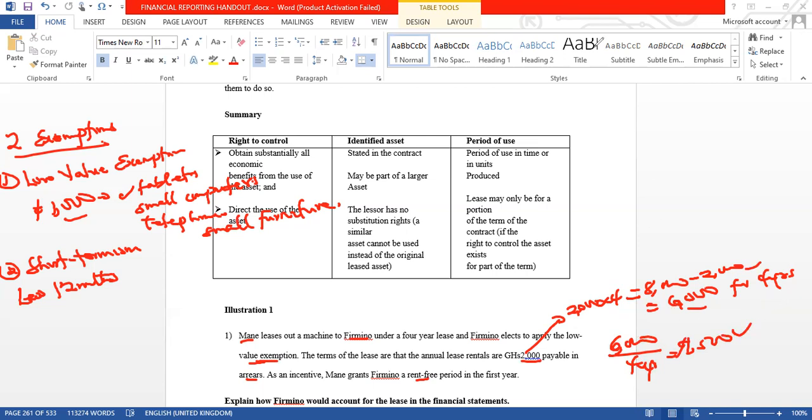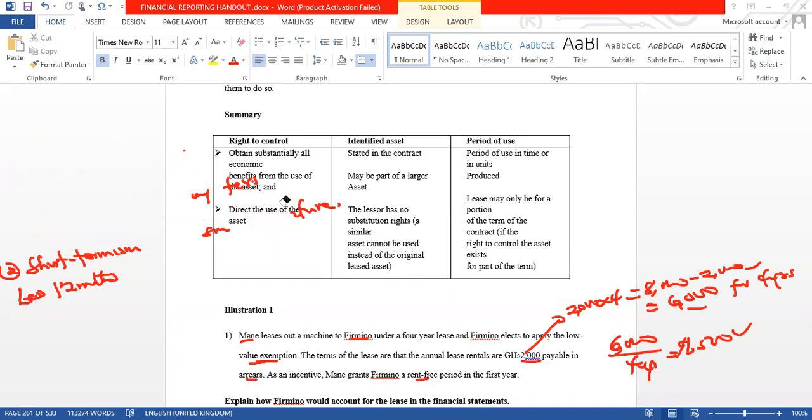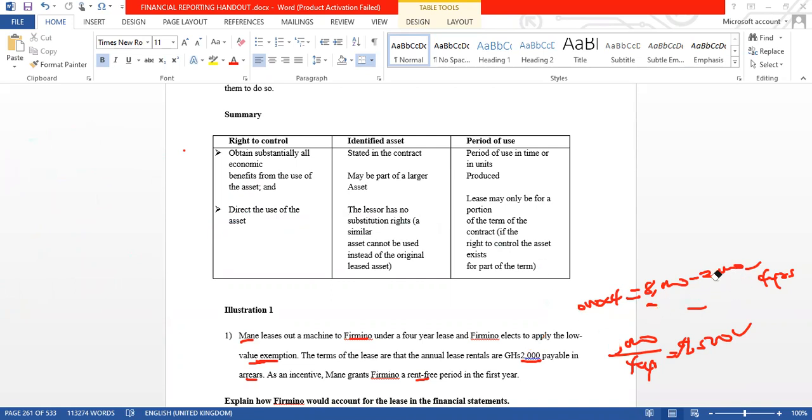Okay, so that's that. I want to bring up a question which we will use to test ourselves if we can identify a lease. In terms of identifying a lease, these tabulated things that you see here must be kept in mind and be used to identify a lease.